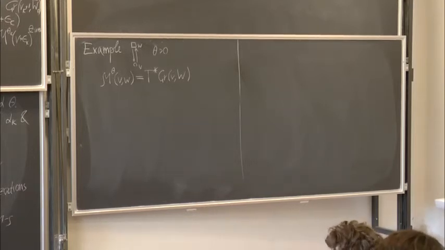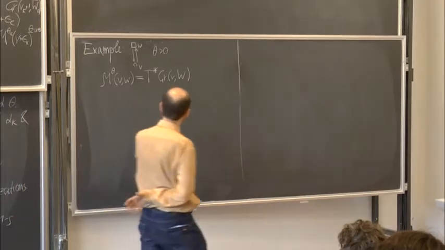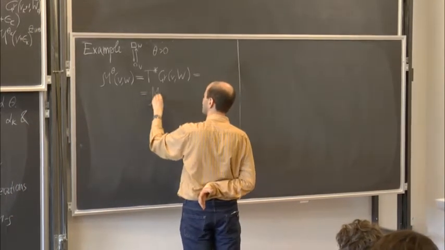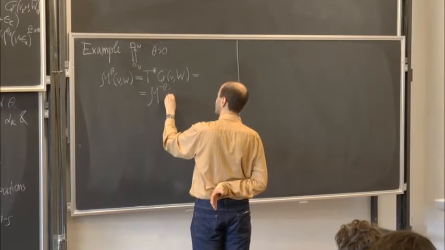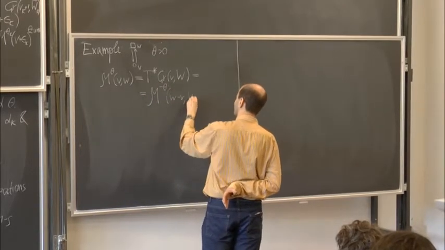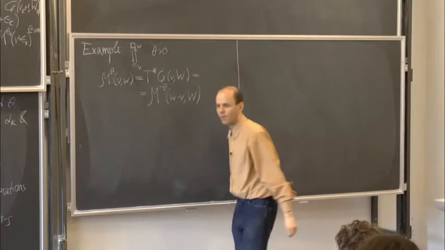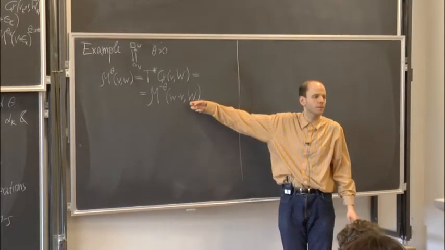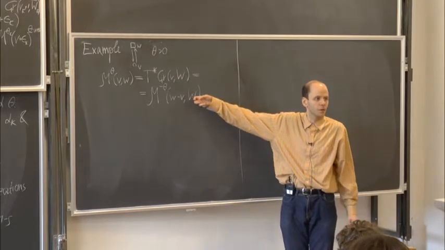But it's also the Grassmannian of W minus V-dimensional quotients of the same space, right? That's the same thing. And when we speak about quotients, we realize this as M minus theta, W minus V, W. So remember, this was the same Grassmannian. We had this example in the first lecture. So the same cotangent bundle to the same Grassmannian.